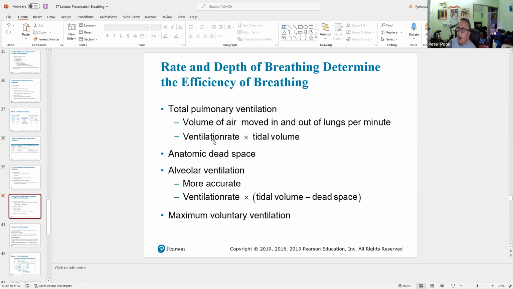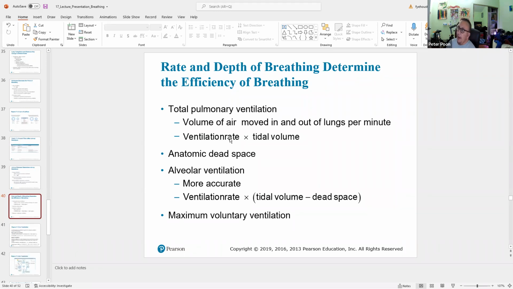So ventilation rate is how many breaths per minute times tidal volume, the air exchange in each breath, and that will tell you the total pulmonary ventilation. It is about 6 liters per minute.